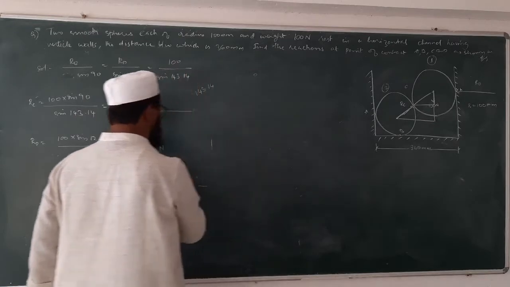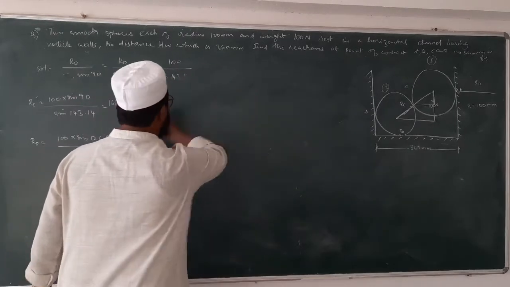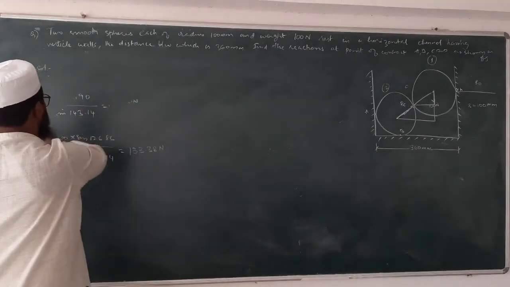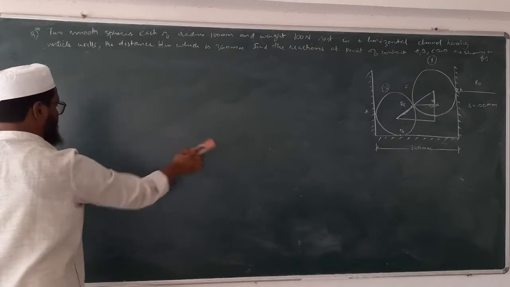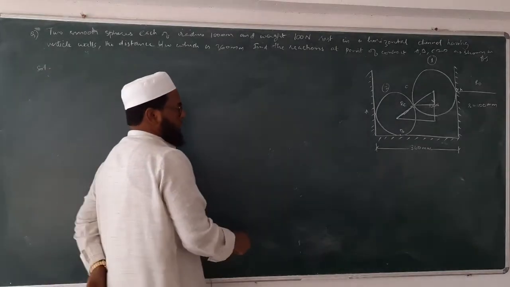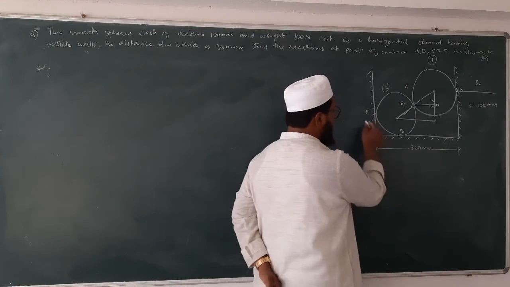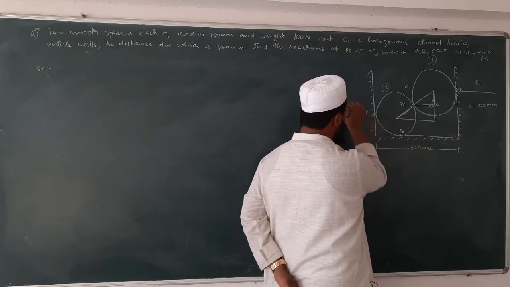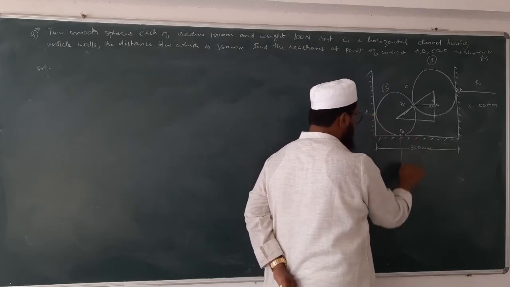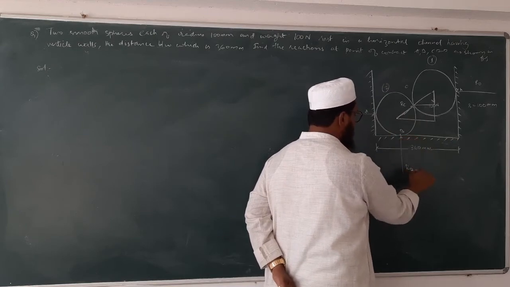So now we'll move to another sphere, that is sphere 2. So now, what about this one? This is RA and this one will be RB.